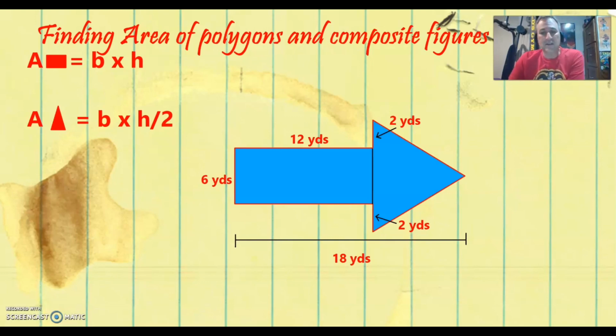So let's start with the triangle. It's maybe a little bit harder, but that shouldn't be a big deal. Now right here, if you look at the sides of the arrowhead, you got a 2-yard side and another 2-yard side. So that so far is 4 yards, but I got this missing right here, but not really missing, right? Since a rectangle, by definition, the opposite sides have to be the same length.